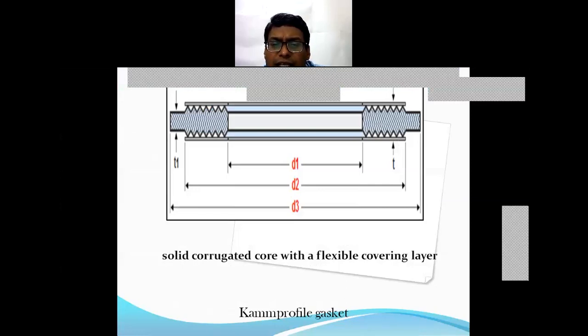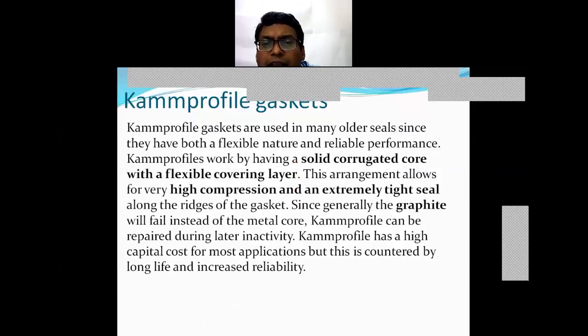Then cam profile gaskets. These are the solid corrugated cores with a flexible covering layer. As the solid corrugations are available there, when you apply the pressure, these corrugations get deformed, which helps to prevent the sealing arrangement. These cam profile gaskets are used in many older seals since they have both the flexible nature and the reliable performance.